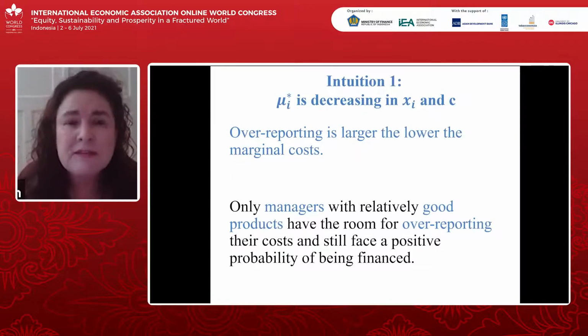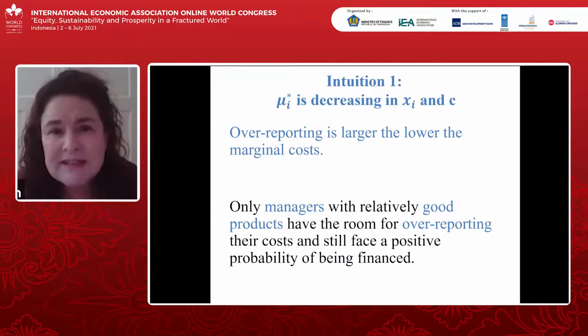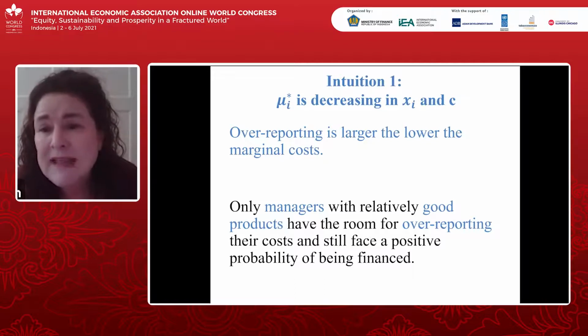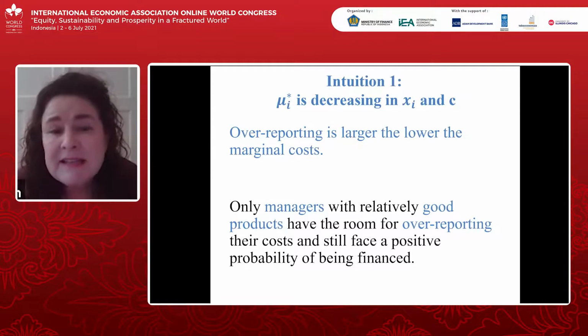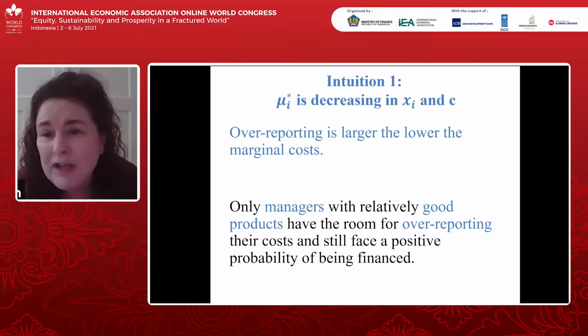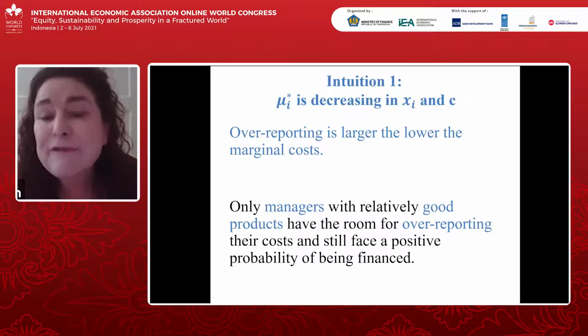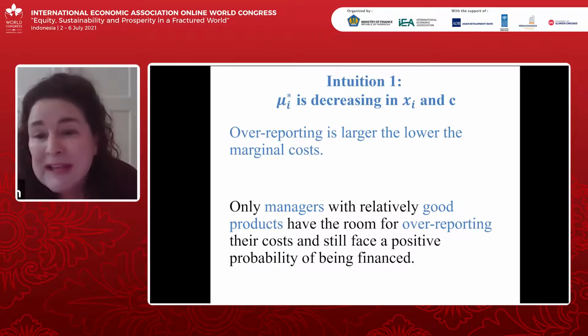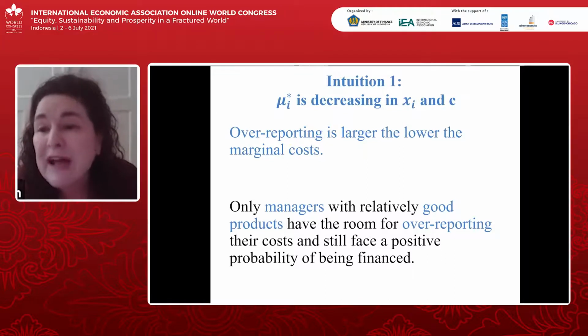The first comparative static says that over-reporting is larger the lower the marginal cost. Why is that? The reason is that only managers with relatively good products with low marginal cost have the room for over-reporting and still face a positive probability of being financed.